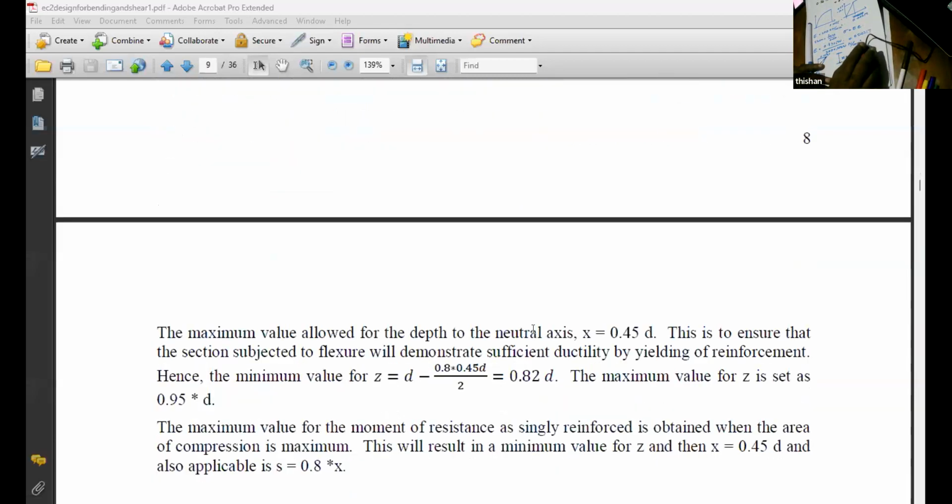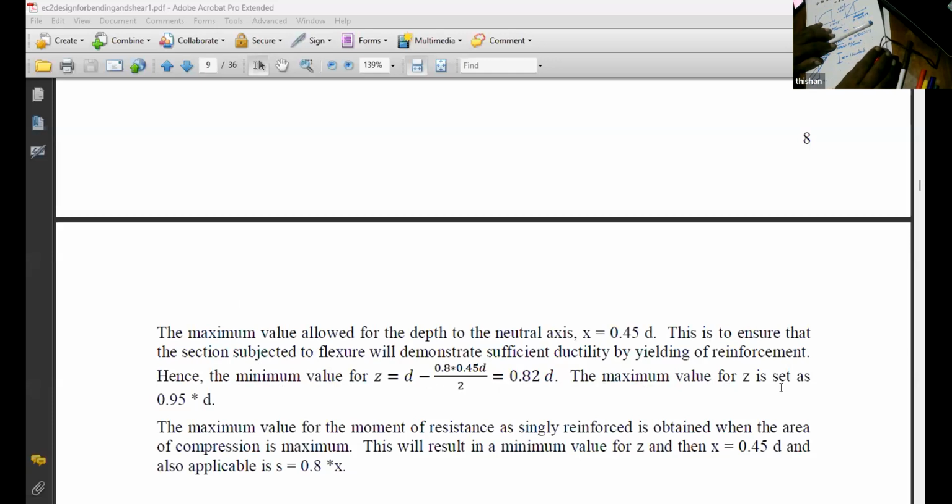It's here. Yes. The maximum value allowed for the depth of neutral axis is x equal to 0.45 d. This will ensure that the section subjected to flexure will demonstrate sufficient ductility by yielding of reinforcement. Hence, the minimum value for Z is 0.82 d.